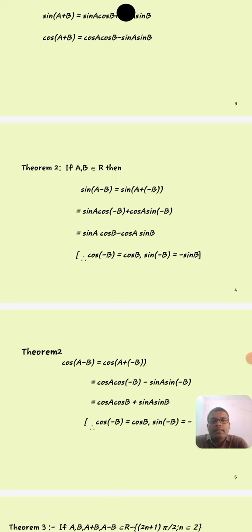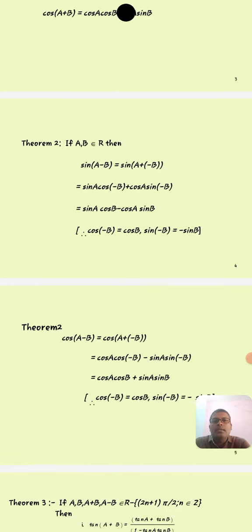Sin of minus theta is always minus sin theta. So using that concept, we write in place of cos of minus b, cos b, and sin of minus b as minus sin b. So we get sin a cos b minus cos a sin b.